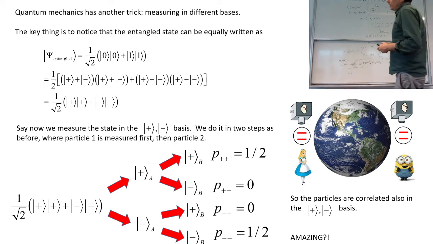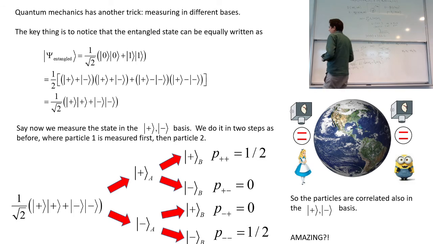Okay, so now let's see what happens when Alice and Bob put both of their measurement devices in the plus minus basis, and then they make a measurement. This state looks exactly the same as the previous thing, except that everything's plus minus.